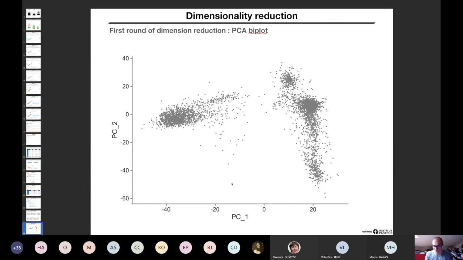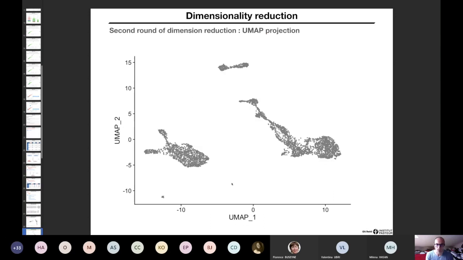So we're going already towards the kind of clustering and kind of nice visualization of the cells, but it's not enough. So we're going to now use a second round of dimension reduction with a nonlinear reduction and the UMAP. And this is the results of projecting the cells on the final coordinates, UMAP coordinates.